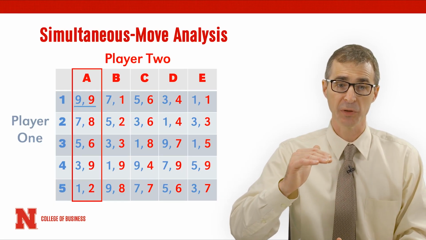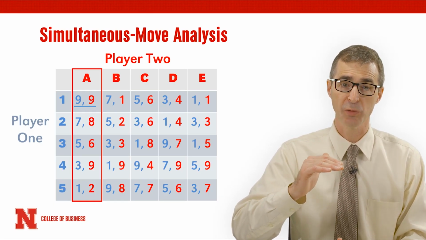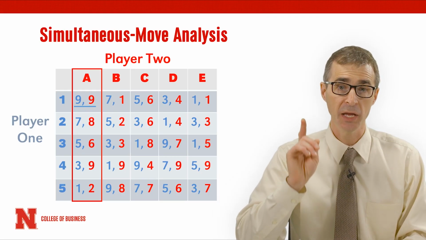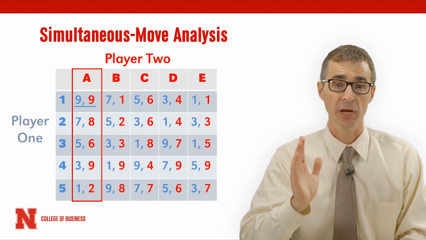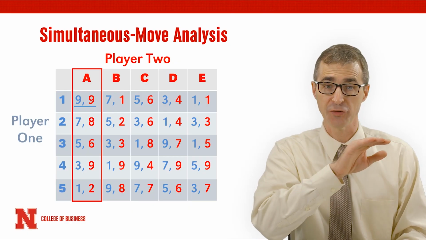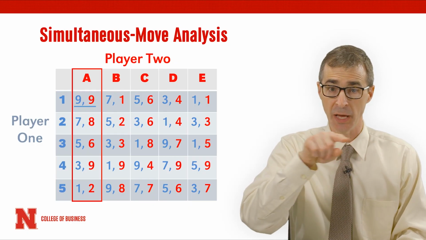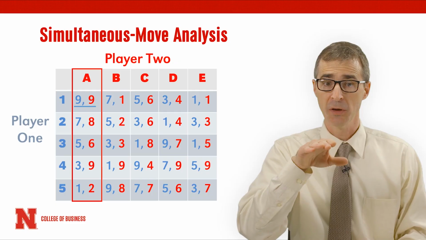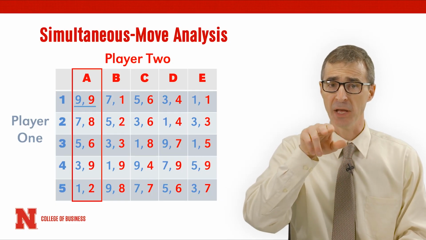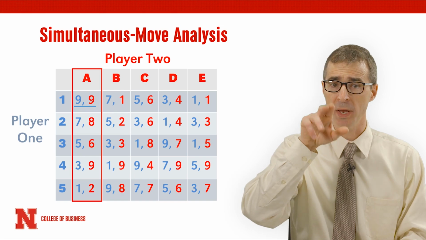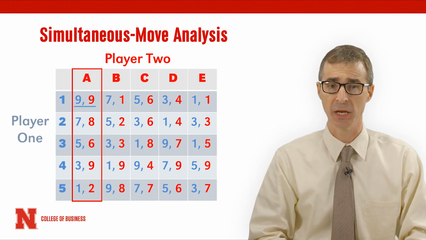Strategy 4, the payoff would be 3. And strategy 5, the payoff would be 1. If player 2 is choosing strategy A, player 1's best response is strategy 1, and so we place an underline, in blue here for player 1, under that payoff in cell 1A, the upper cell with the 9, 9 payoff.